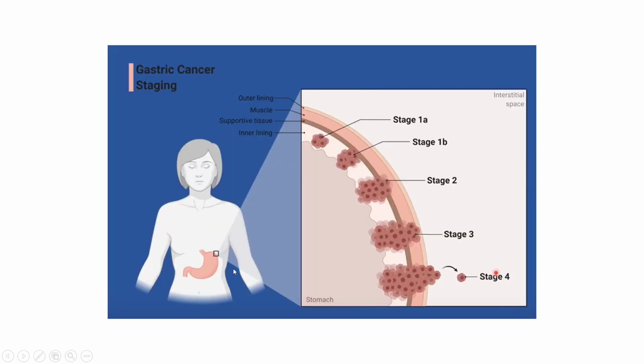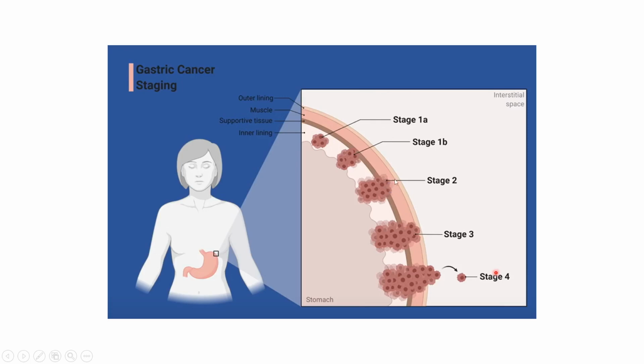Here you can see different stages of the cancer, such as stage one, which is localized to a certain part, a certain area of the organ. In stage 1B, it has slightly started proliferating and occupying that region.